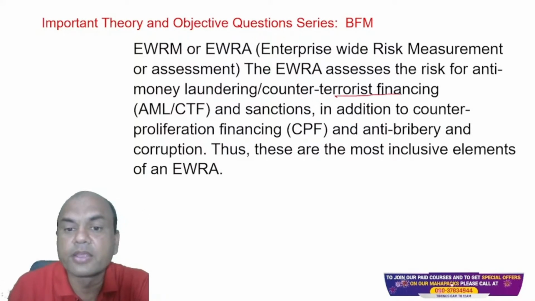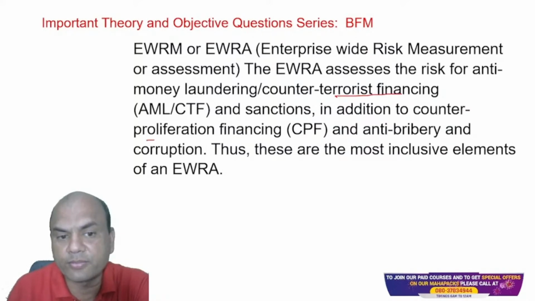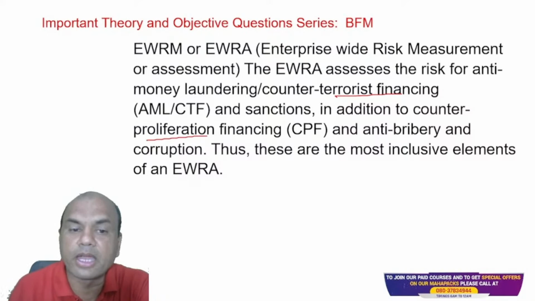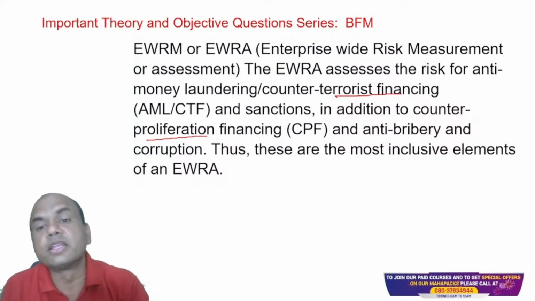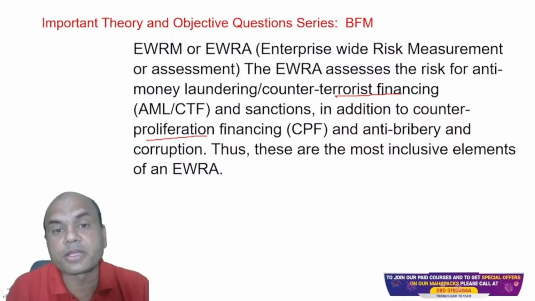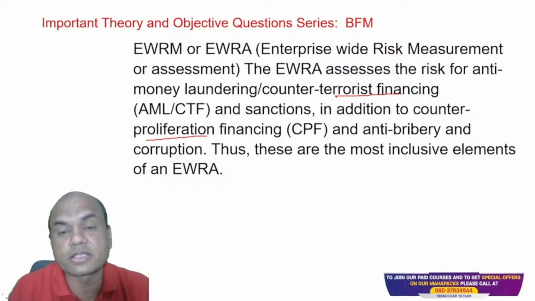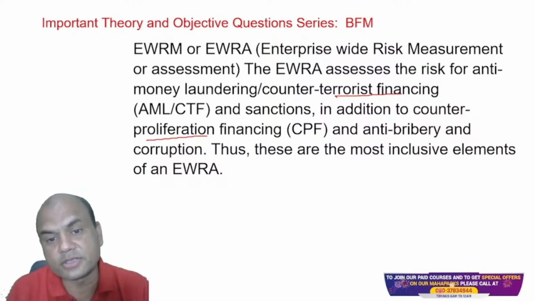Then second is counter-proliferation financing. This is again a type of AML only. Then anti-bribery and corruption, so bribery related and corruption related. Even bribery and corruption is part of this enterprise-wide risk, because after all it's a risk, isn't it?